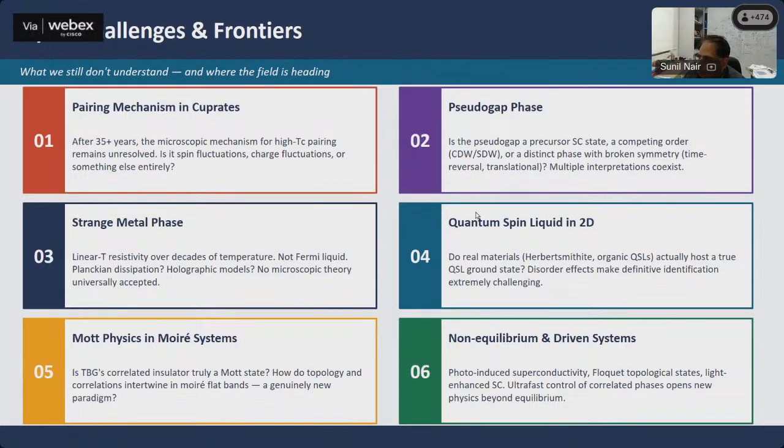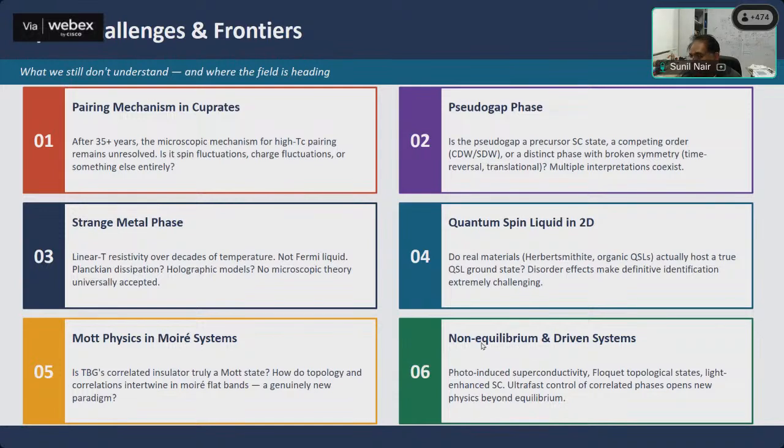I was talking a bit about quantum spin liquids. Now, quantum spin liquids have many different flavors. One of the very important areas of research is looking at quantum spin liquids in two dimensions. Now, do the real 2D materials actually host a quantum spin liquid state, or is it that we are just saying a quantum spin liquid because we have not gone low enough in temperatures where they will actually order? So this is a very important system. Moiré systems I have not touched upon, so let me talk about it.